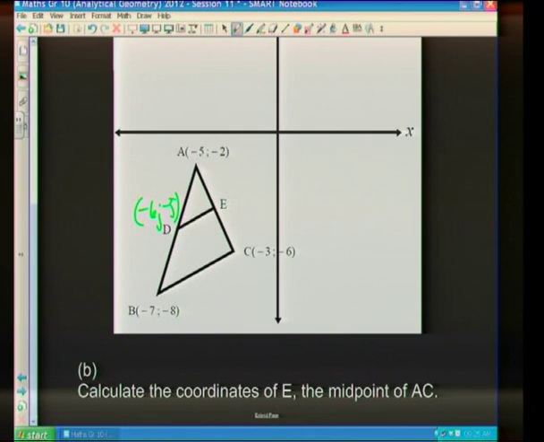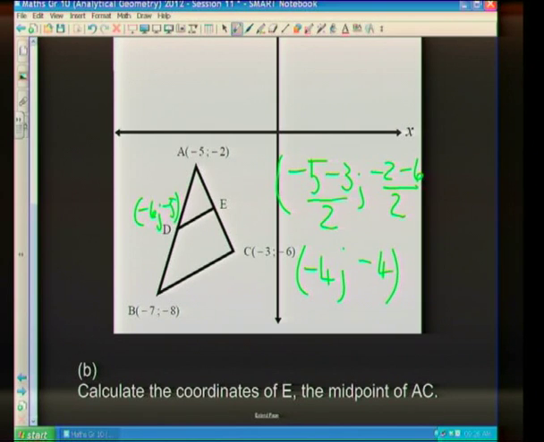Minus 5 plus negative 3 over 2. That's minus 8 over 2, which is minus 4. And again for the y's, negative 2 plus negative 6, which is minus 6, divided by 2. So I then see that E is minus 4, minus 4.